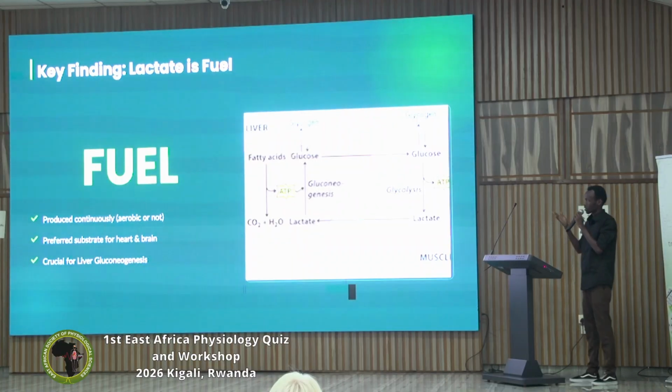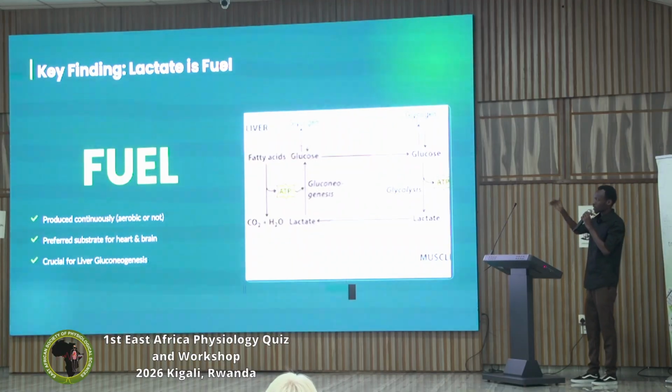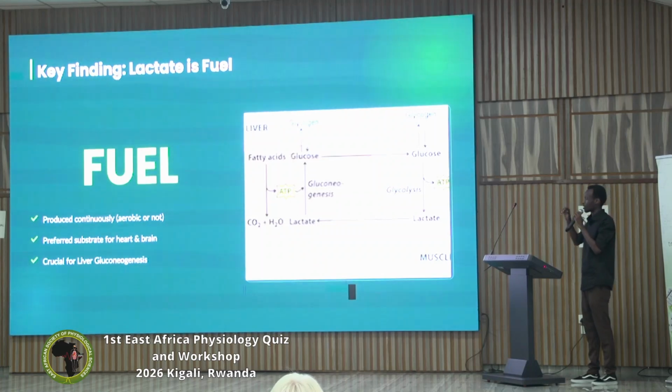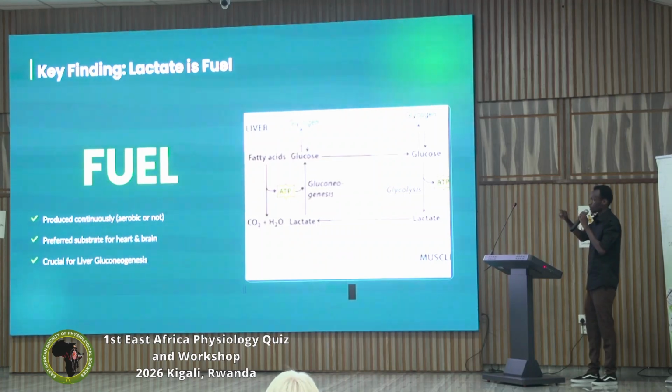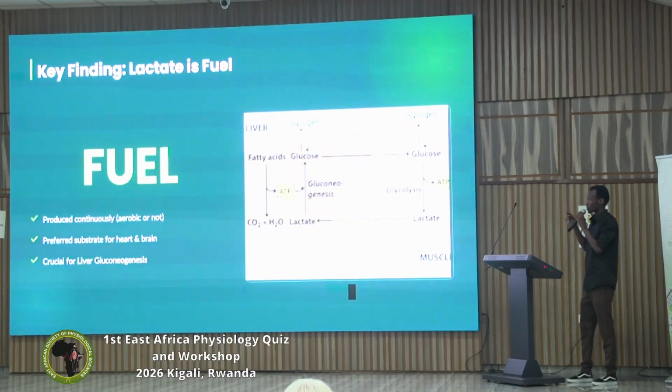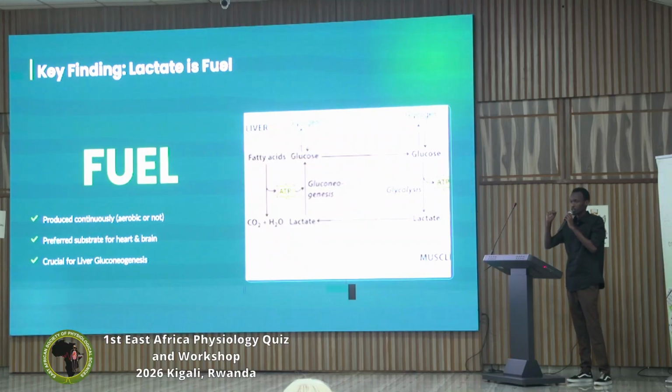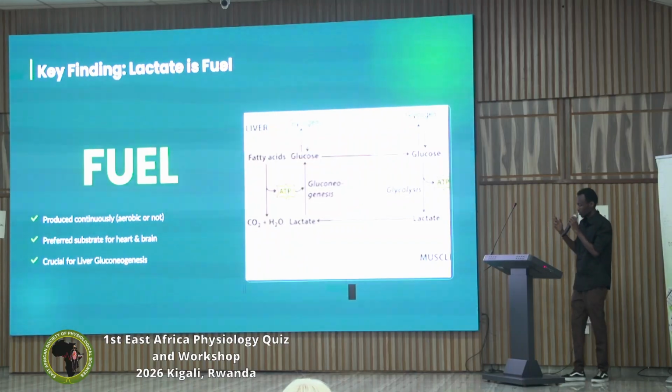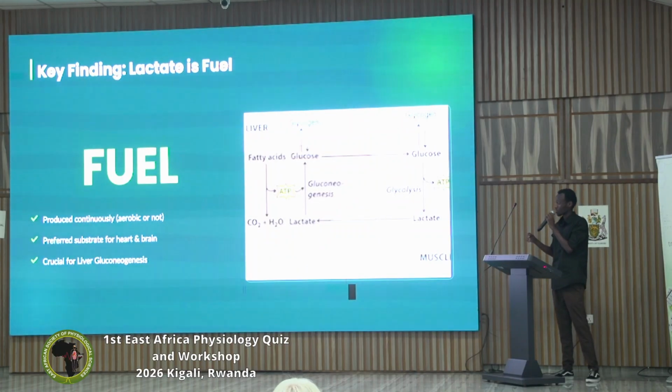The second is that the heart and the brain use lactate as a substrate at times. And also, in gluconeogenesis, the formation of glucose in the liver, lactate is used as a fuel. These 3 key findings directly contribute to debunking the myth.